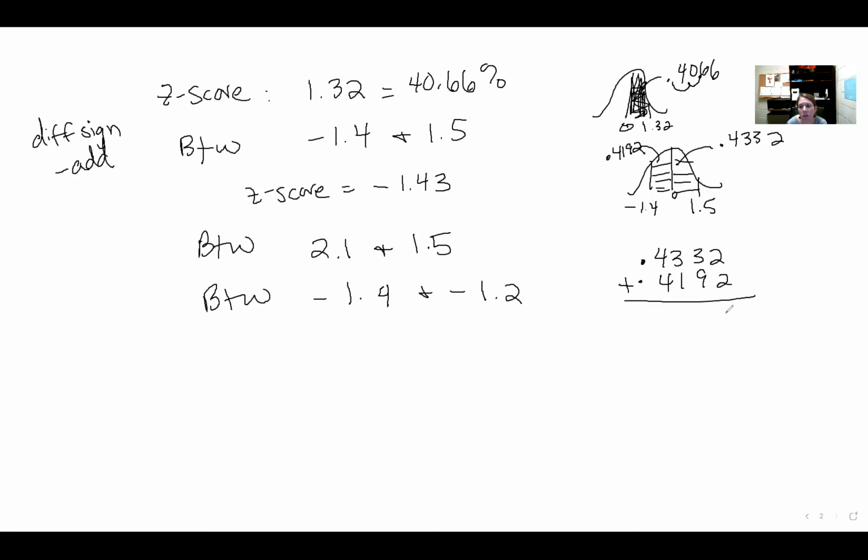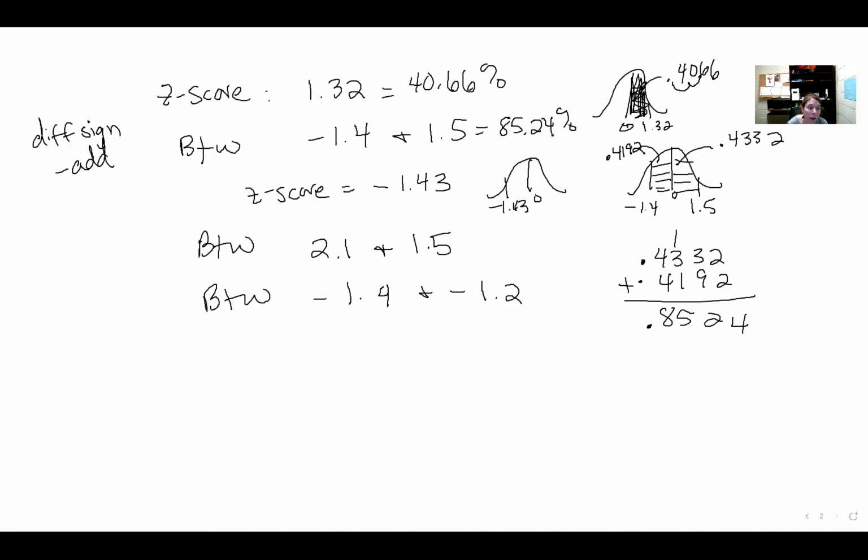That's going to be 4, 9, 10, 11, 12. Carry the 1, 4, 5, 6, 3, 4, 5, sorry, and then 8. So my final answer here would be 85.24%.